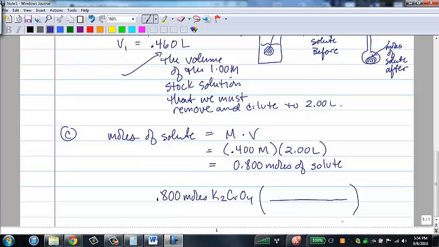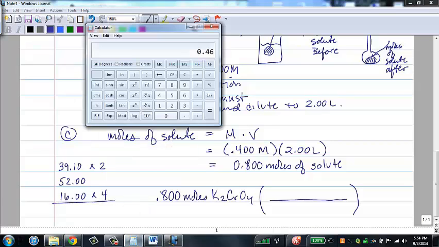So potassium is 39.10. We're going to double that one. Chromium is 52.00, and oxygen is 16, and we want to multiply that by 4. So that's 194.20.